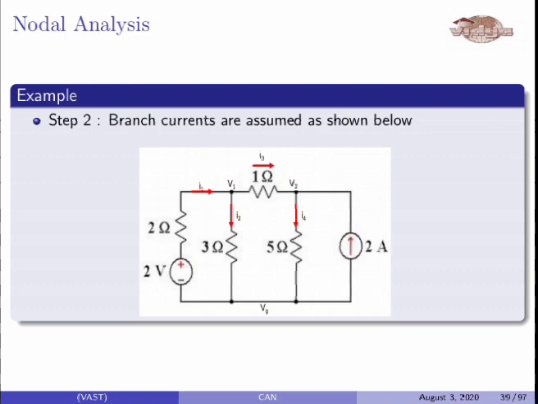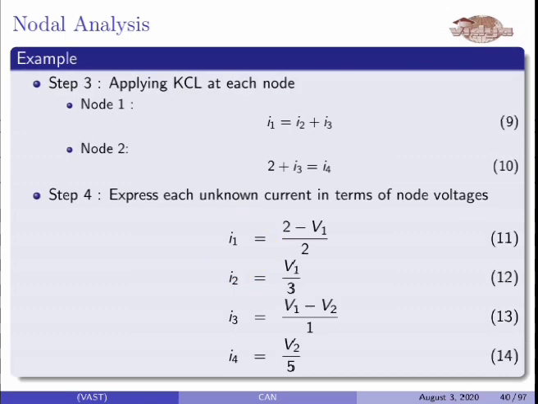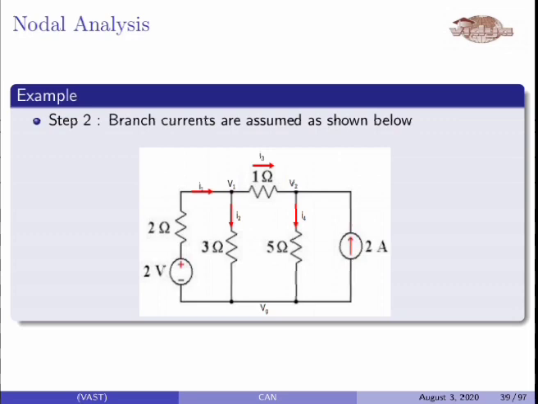I1 is the current flowing through the 2 ohm resistance, that is this one, and then I2 is the current flowing through the 3 ohm resistance, and I4 is flowing through the 5 ohm resistance.